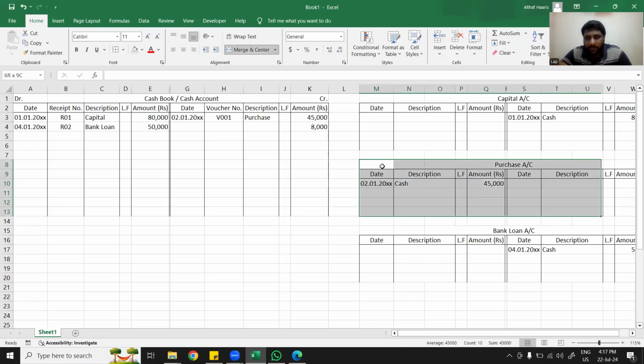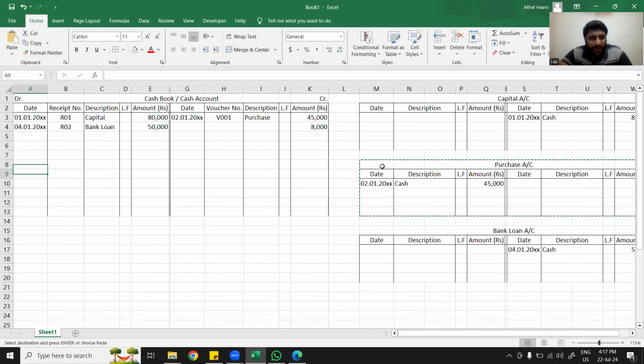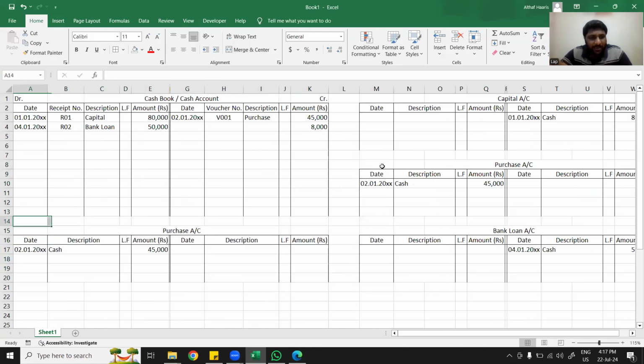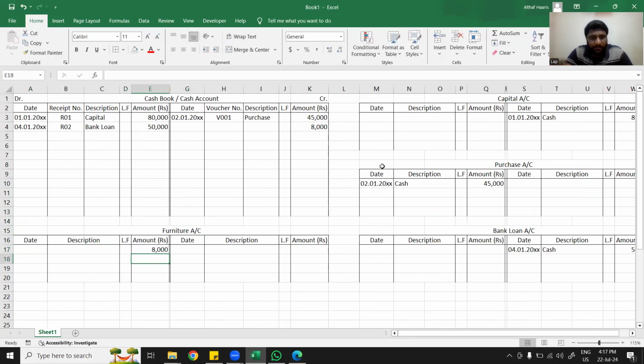Simple. So debit entry, you are purchasing furnitures. Furniture is non-current asset for the business. Furniture account. So that asset is increasing. So it is debit. Now switch the names.